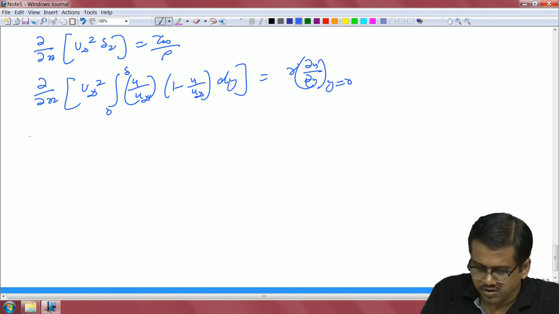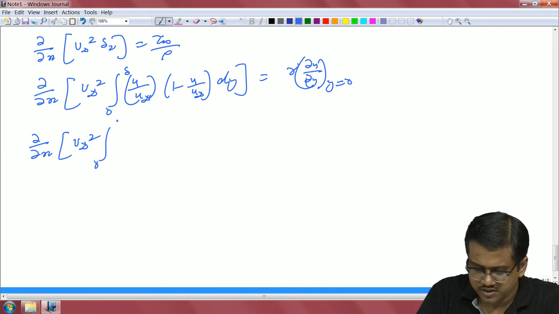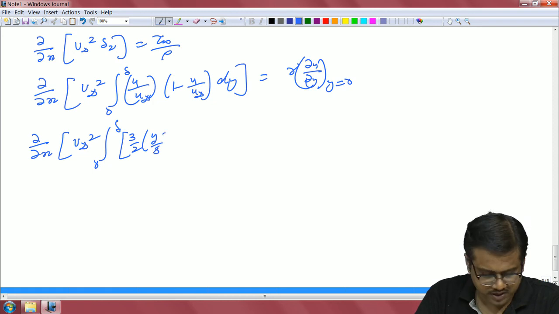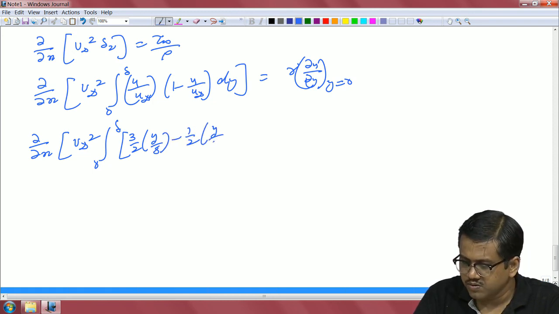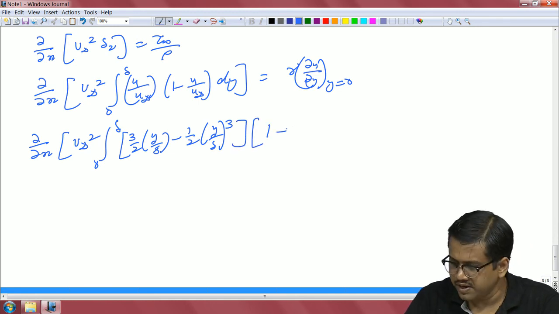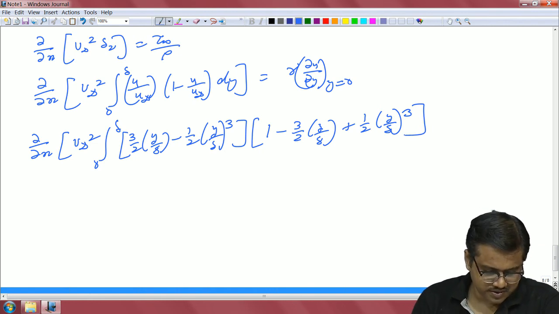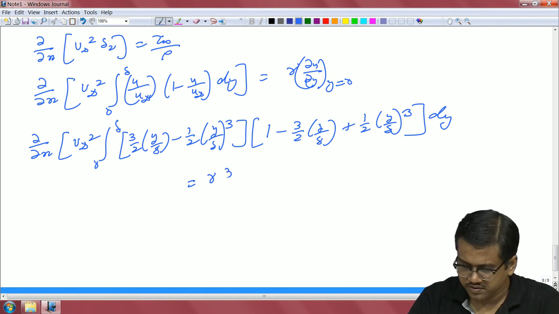Now you plug in all the parameters: u infinity square, integral from 0 to delta of 3/2 y over delta minus 1/2 (y/delta) cube, that is the first term. The second term is 1 minus 3/2 y over delta plus 1/2 (y/delta) cube, into dy, that is equal to 3/2 u infinity by delta.